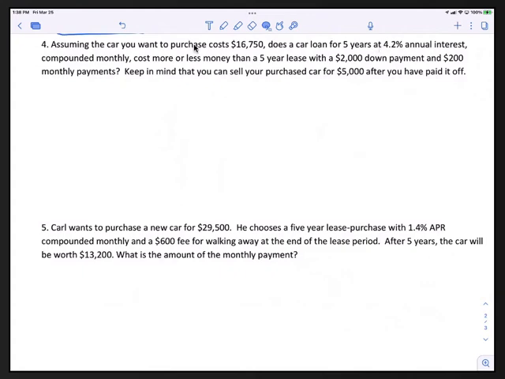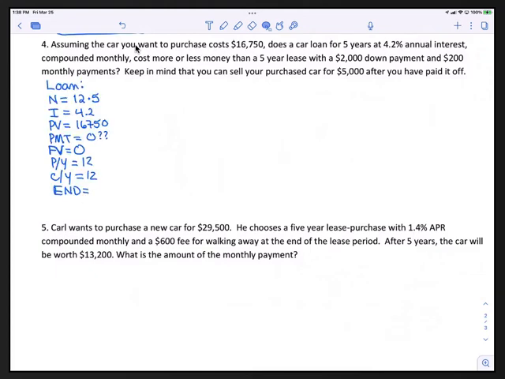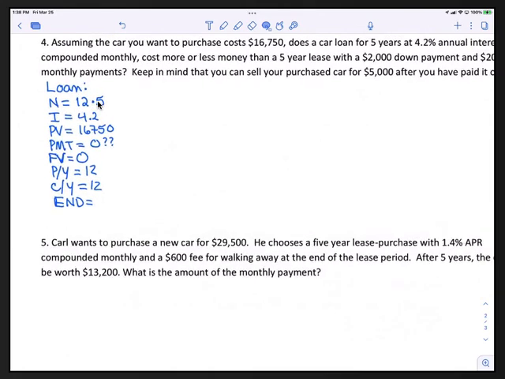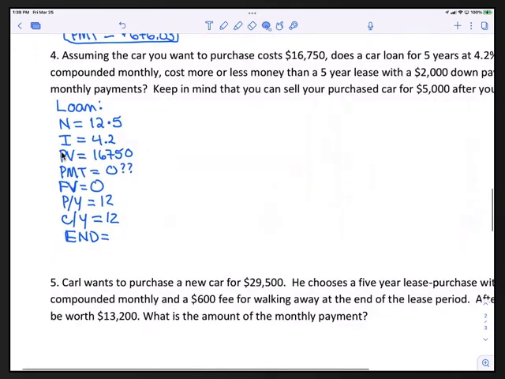All right, so when we calculate everything for the loan, we're going to put everything into the TVM solver. So let's write down everything we need. For the loan, you need N, which is 12 months for 5 years, so 12 times 5. The interest rate is 4.2%. The present value is the price of the car.